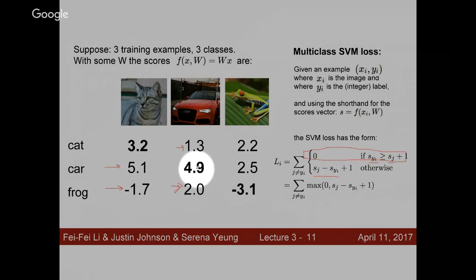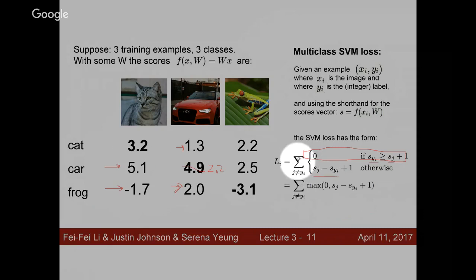Maybe I correctly classified it as a car, but instead of writing 4.9, I wrote like 2.2. 2.2 is not far enough for a frog. It's not within my comfort margin, let's say. Then I'm still going to give it a loss. I say, I think you can do better. You can try to find a model that pushes these two things far away from each other.